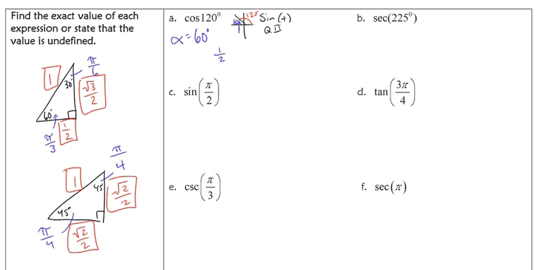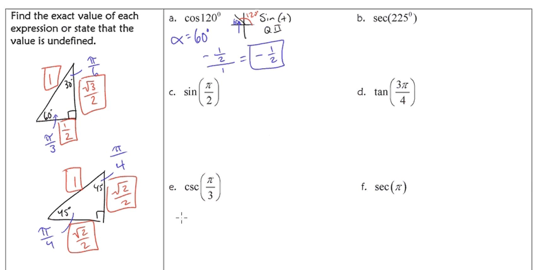And really, if you're thinking about it in terms of the context here, that's going to be negative 1/2, divided by the hypotenuse, so adjacent divided by hypotenuse, so over 1, and that simplifies down to negative 1/2. There we are, the cosine of 120 degrees.